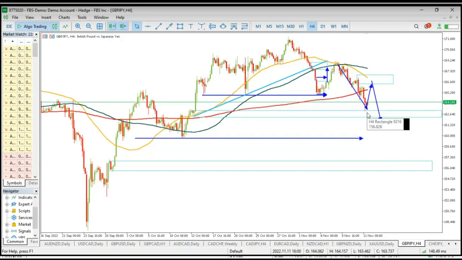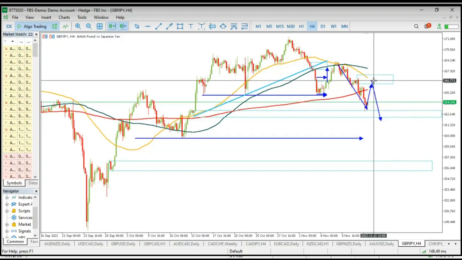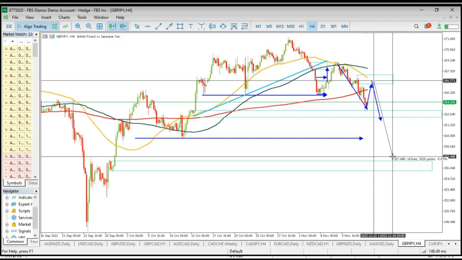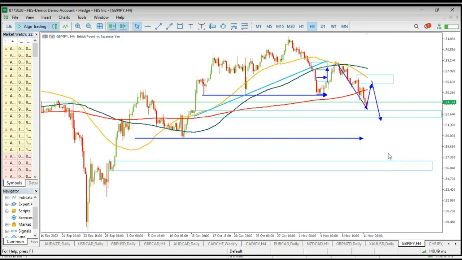So GJ could temporarily give us this buy, come into this other block and then drop lower, which means that we're expecting about 900 pips drop on GJ.